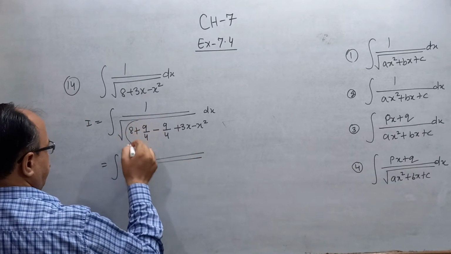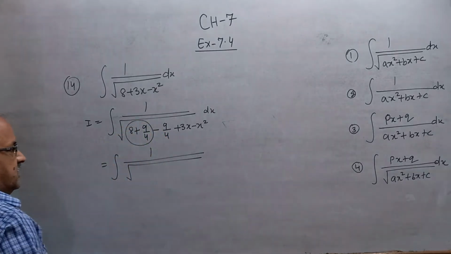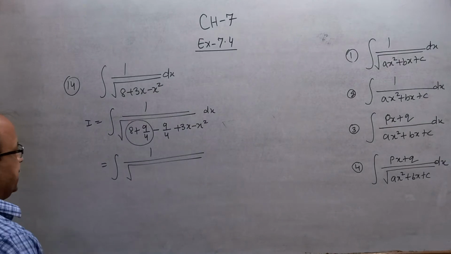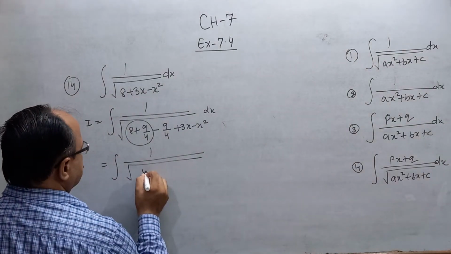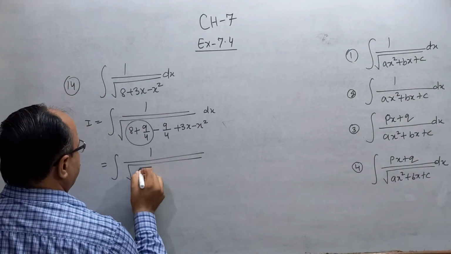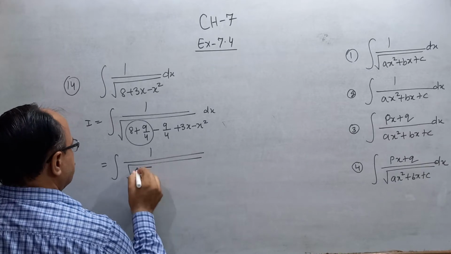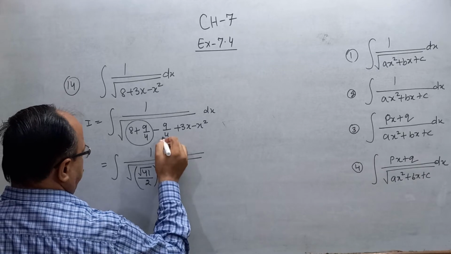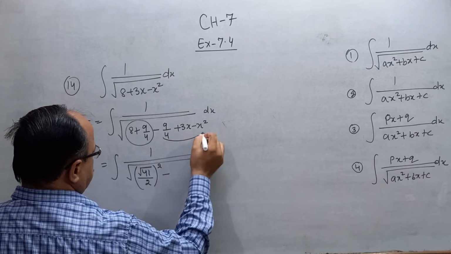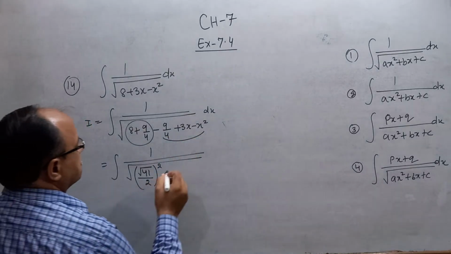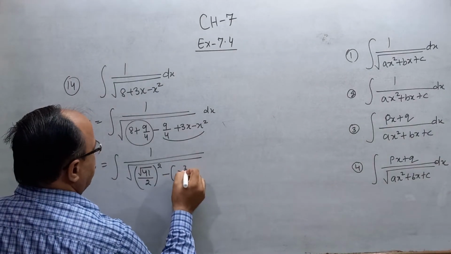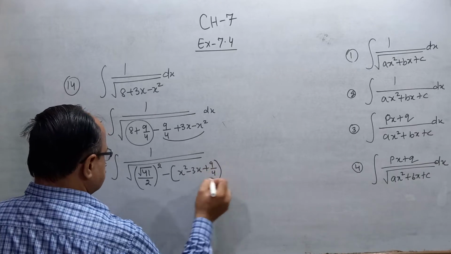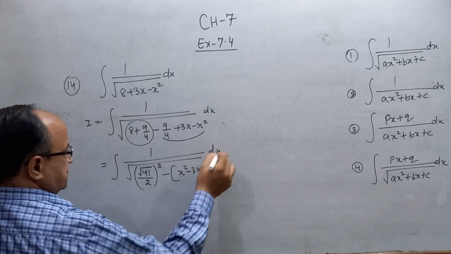When you add this quantity, 4 8 is 32, 32 plus 9, that is 41. 41 by 4, you can say root 41 by 2 whole square. You can take minus common from here. Then it becomes x square minus 3x plus 9 by 4 dx.